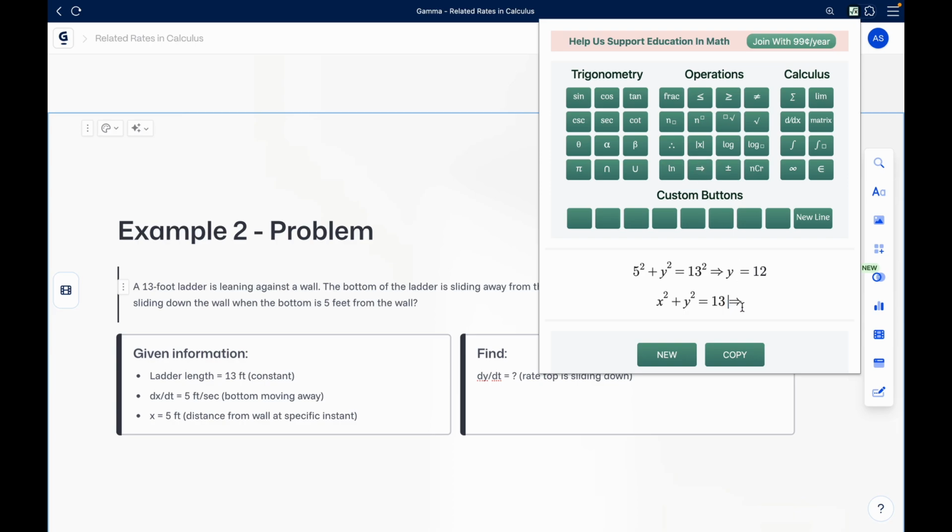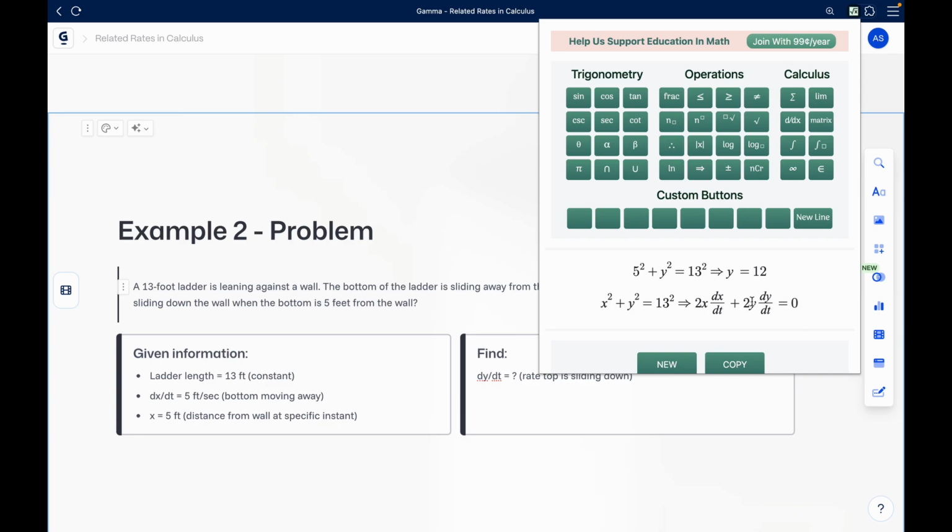So what we get is the differential of x squared is 2x times dx/dt, plus 2y times dy/dt. It's equal to 0, because 13 squared is a constant.